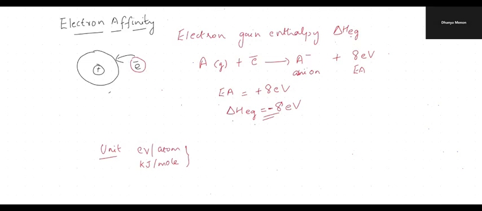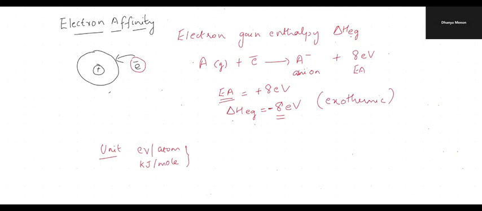But the sign is opposite to that of electron affinity. Because it has a negative sign, this is exothermic.